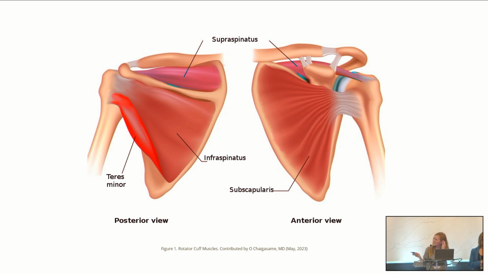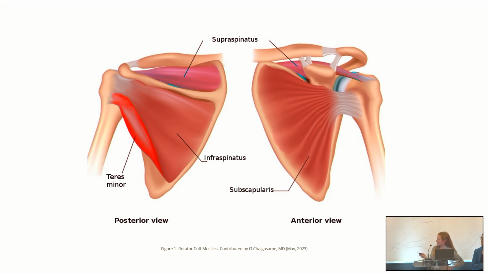Supraspinatus is responsible for initiating abduction of the shoulder. Followed by the infraspinatus and the teres minor for external rotation of our shoulder. And then anteriorly stabilized by the subscapularis muscle, responsible for internal rotation of the shoulder.